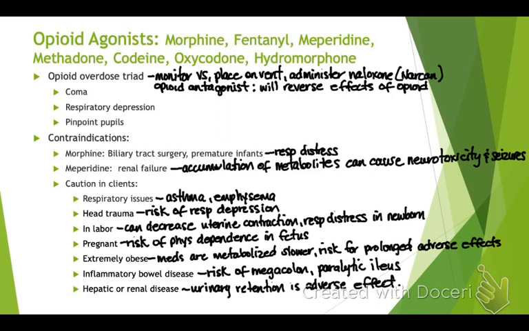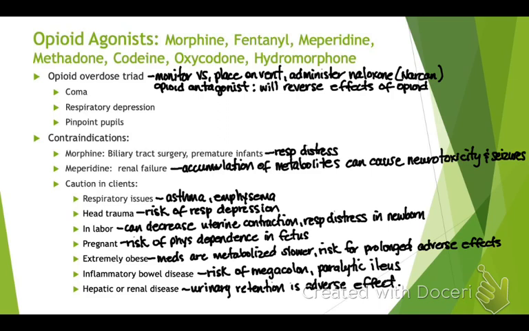Patients in labor, so when we give opioids for pain for women in labor, it can decrease the uterine contraction, so it will make the contractions less intense, which in turn will then make the labor progress slower and take longer. And if the baby is delivered soon after the opioid is given, it does cause respiratory distress in the newborn.